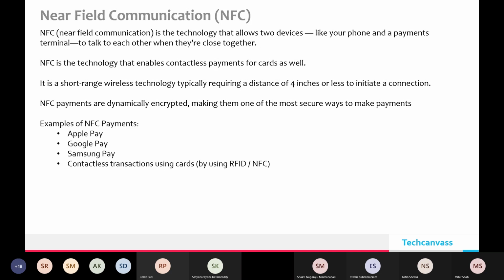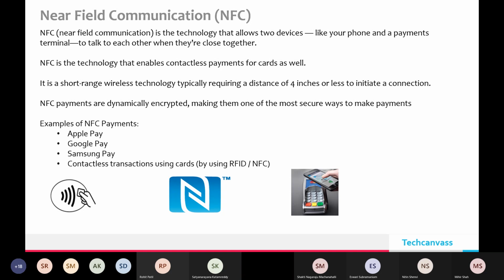Examples of NFC payments are Apple Pay, Google Pay, Samsung Pay, and contactless transactions using cards by RFID or NFC. All these mobile facilitators that offer Apple Pay, Google Pay, all use NFC technology to do the transactions.